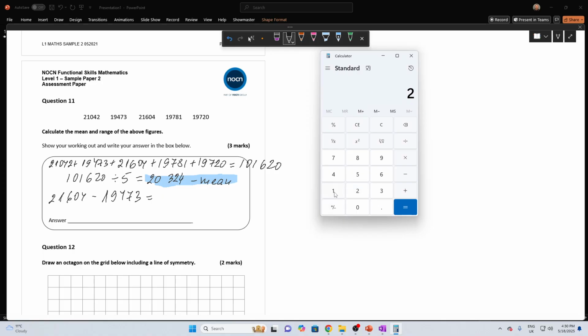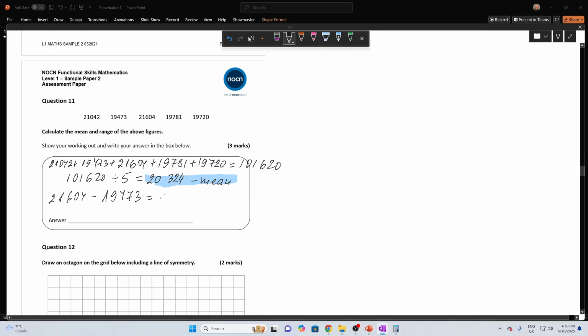So 21,604 minus 19,473, and your range is going to be 2,131. So this is your range.